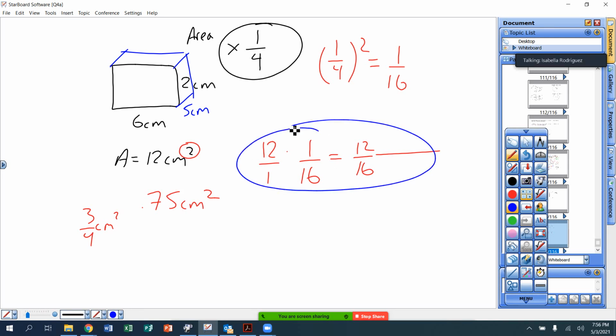Instead of squaring it, when I squared it, I timesed the base times the height. When you try to find the volume, what are you timesing? Do you see how I gave you 3 separate measurements there?